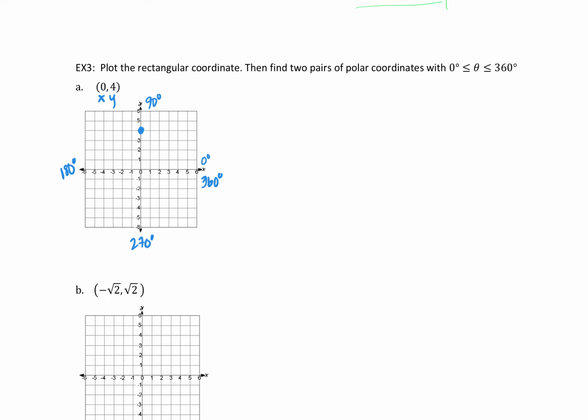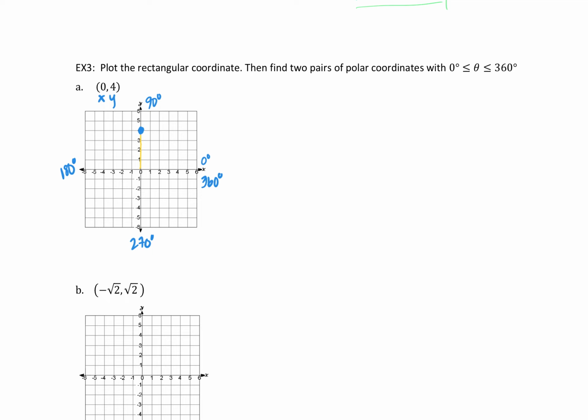So if you look at this point, 0, 4, the angle that it corresponds to is 90 degrees, and we're going a distance out of 1, 2, 3, 4. So I can see that 4, 90 degrees would work. And then if I look opposite of 90, I have 270. So if I go to 270, but I go in the opposite direction, a negative 4, then that will also get me to that same point.